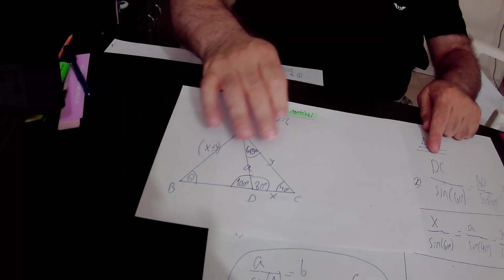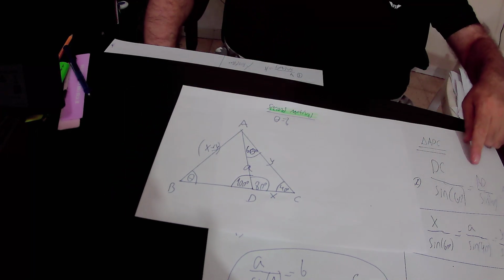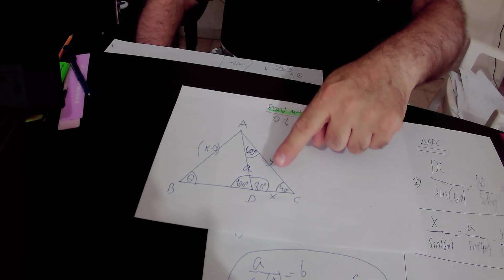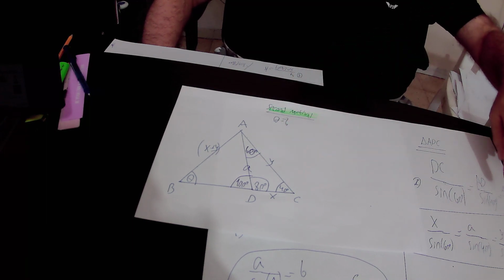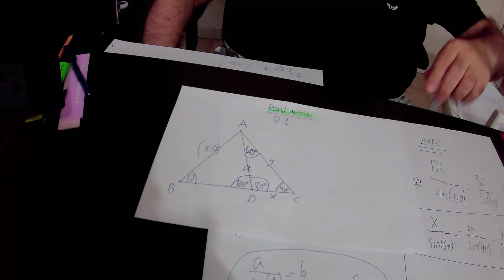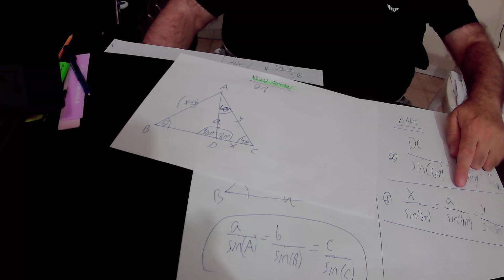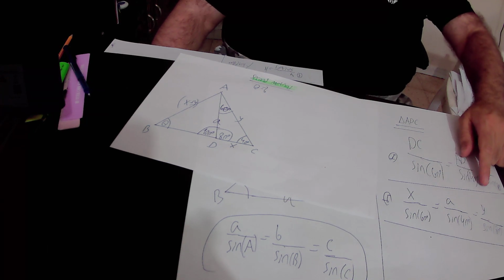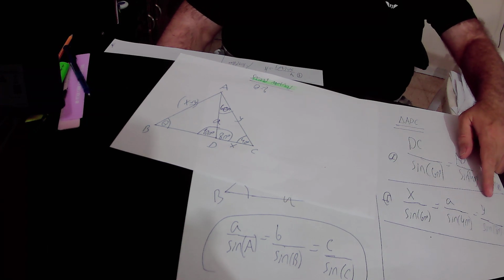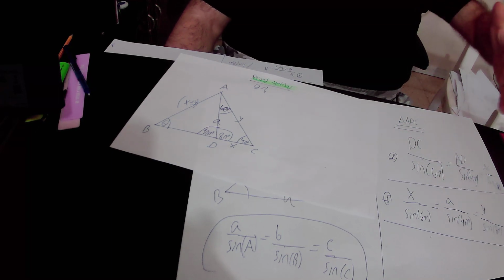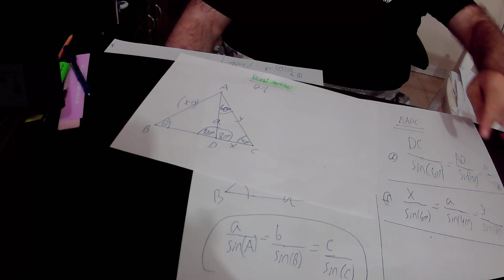DC equals X, so we substitute DC by X. AD equals A, therefore we substitute AD by A, and AC equals Y, so we substitute AC by Y. So in conclusion, we found out that X over sine 60 degrees equals A over sine 40 degrees, that is equal to Y over sine 80 degrees. Because those three expressions are equal to each other, we can define them as K. So they are equal to K.